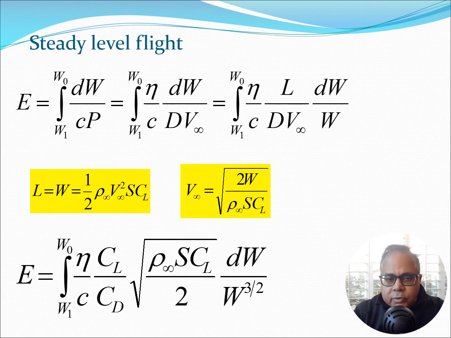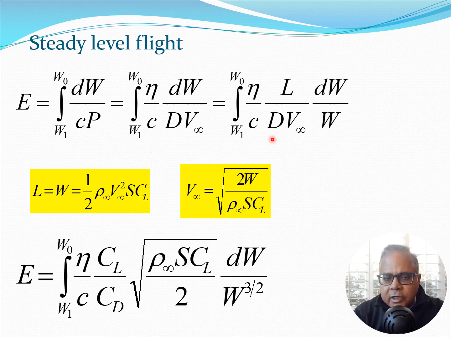Now we are going to use this equation for power in the endurance equation, which I derived a couple of lectures before. So the general endurance equation, you can go back and look at it, is integral W1 to W0 dW by cP, and we can now substitute for P here. So P was D V infinity divided by eta, which is put in here, and then I rewrite this slightly in a different form.